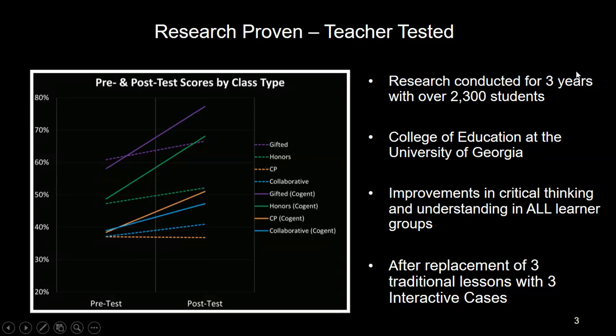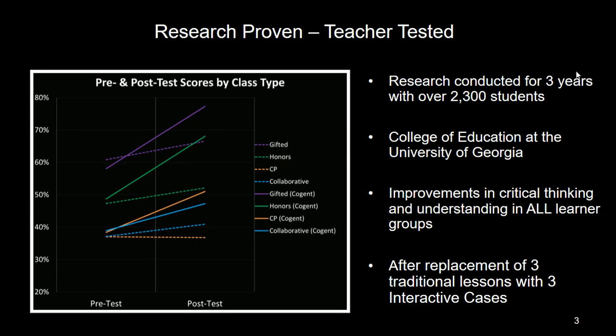All right. I also wanted to point out, before we jump into actually looking at the case study, that they are research proven and teacher tested. We conducted a research study for over 3 years with over 2,000 students with the University of Georgia College of Education to prove that these cases do actually help students with their critical thinking skills and their understanding, and this was for all learner groups.